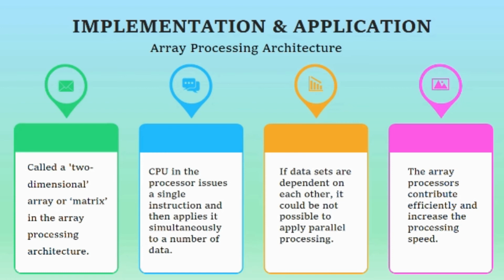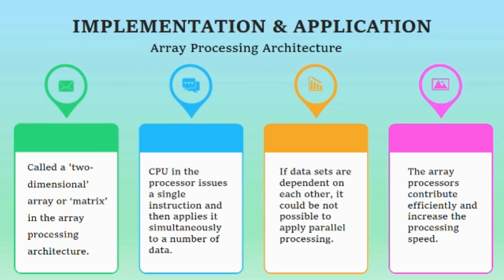This is called a two-dimensional array or matrix in the array processing architecture. The basic form of the diagram is the matrix introduced by the two-dimensional processor. In the array processor, the working mechanism is that a CPU in the processor issues a single instruction and then applies it simultaneously to a number of data.